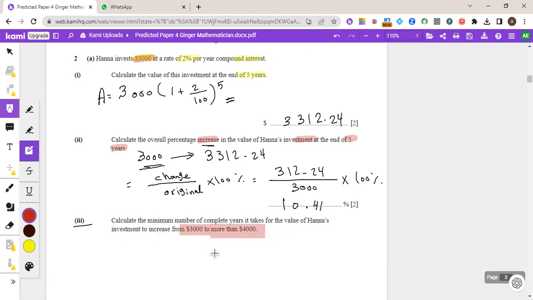So what do you think? Can we use the change over original one again? No.